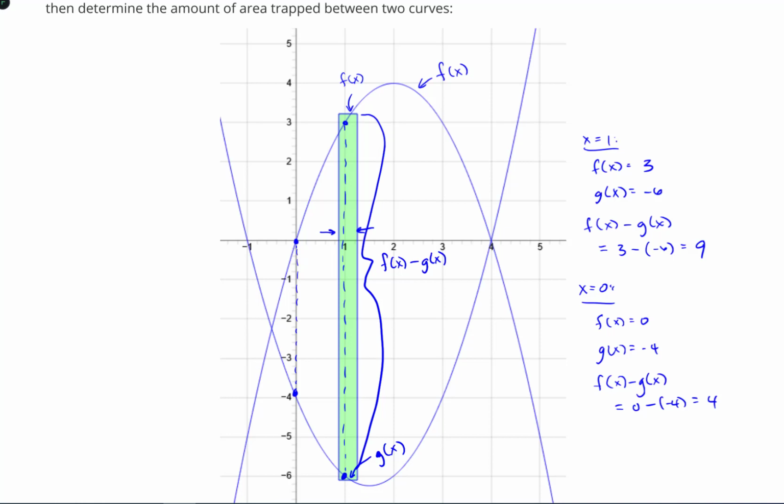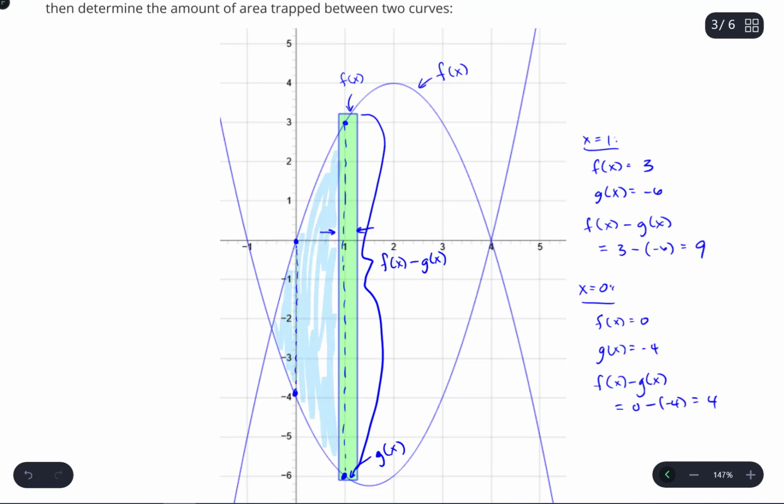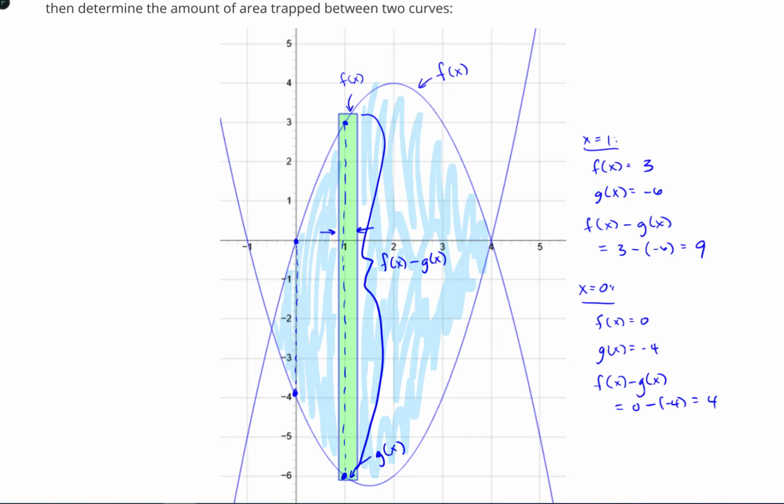If we do the same for all the approximating rectangles across the entire interval, so if I do all these other approximating rectangles through here, then add those together, it will give me an approximation to the amount of area trapped within these curves. And if I allow the width of these rectangles to go to 0, I can take a limit then, and I'll get the exact area trapped between the curves.